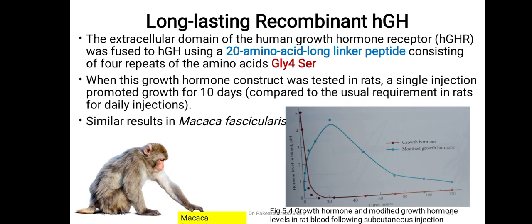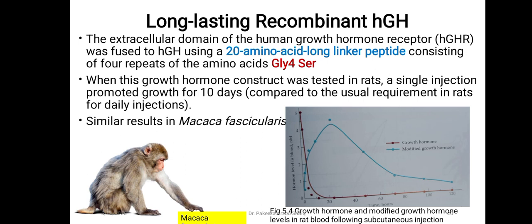And that was a very significant difference, because for the regular recombinant growth hormones without these fusion partners, daily injections were needed for those rats. But with this single procedure, it drastically increased the number of days needed for the next injection, 10 days. Similar results were found in macaca.